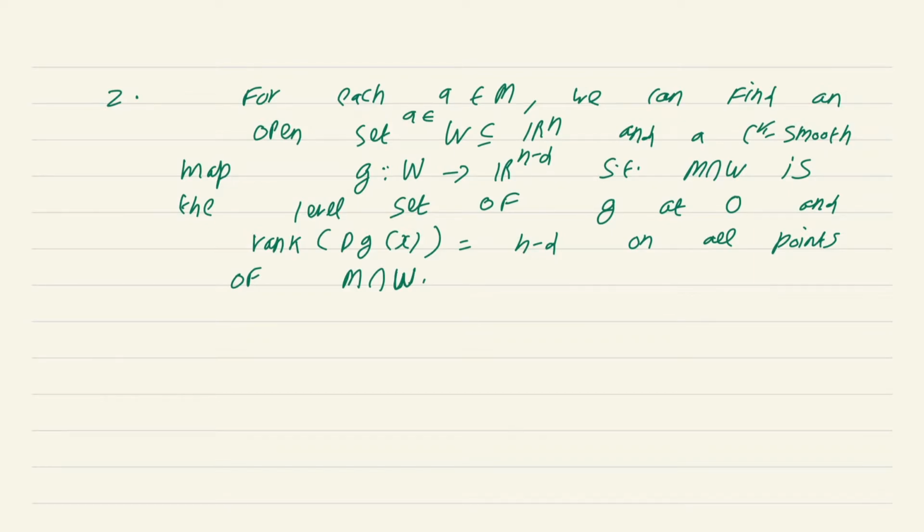So just the gradient non-vanishing is same as saying rank DGx is equal to n minus d, which in that case was 1. Here we have to specify that rank DGx is n minus d. That means it's a full rank matrix. We will see a little bit more about what this definition is trying to say in a moment. Let me just finish this and give the third definition.